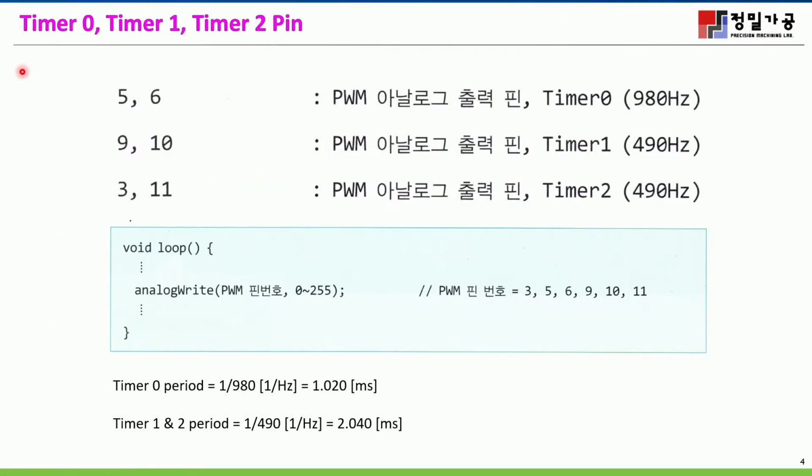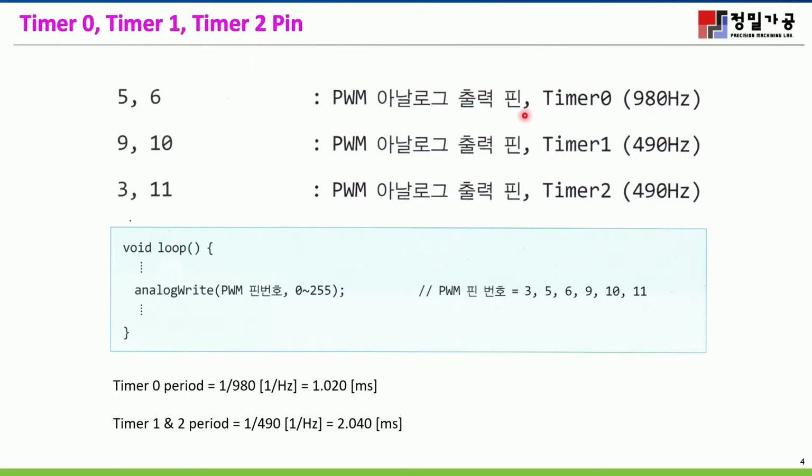Next, in your textbook, there is the timer pin. There are 3 timers, timer 0, timer 1, and timer 2.